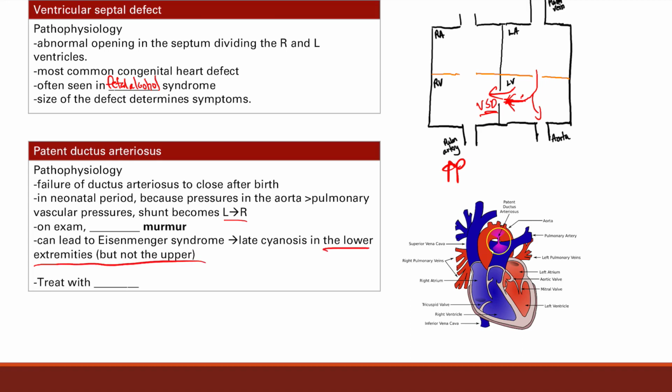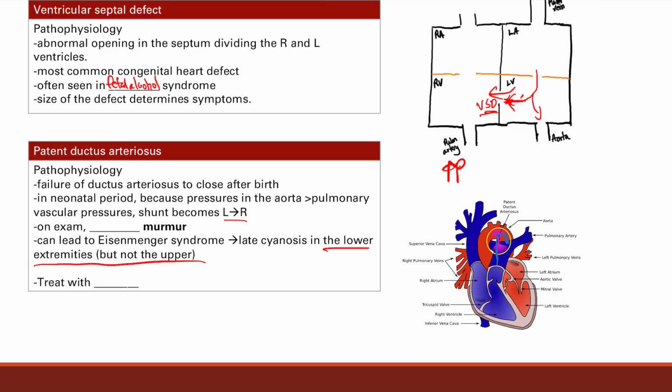And why is that? Now we have to look at the anatomy to understand why. Let me draw my blue colors. So now we have our right to left shunt. What's going to happen is we have the blood in the pulmonary artery. It's going to come through this shunt, this patent ductus arteriosus, because we have reversed our shunt, and it's going to go down.